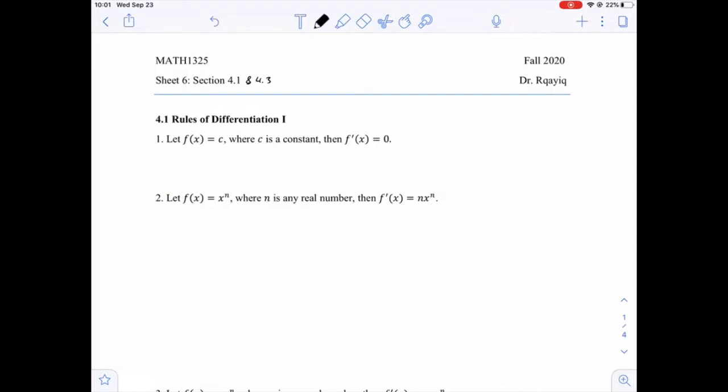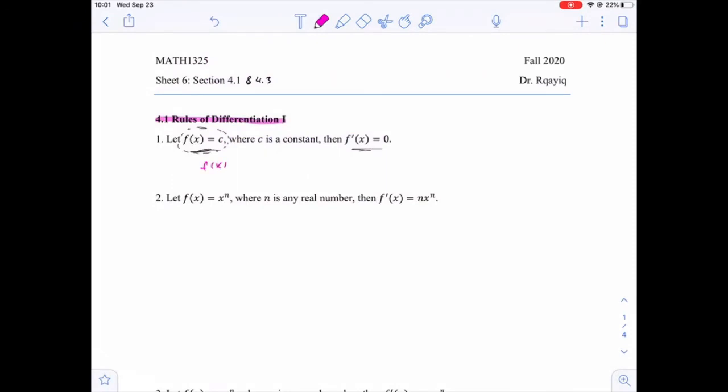Let's start with the first group, covered in section 4.1. The first one, if you remember from the last example in video 3.6, is the derivative of the constant function. Using the definition, we found that the derivative of a constant function is 0.